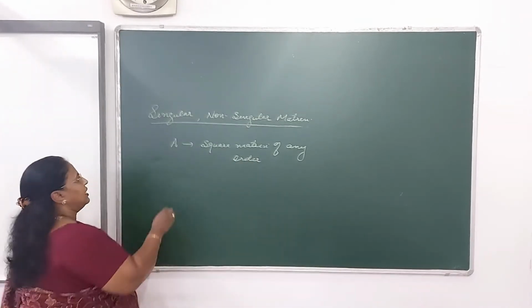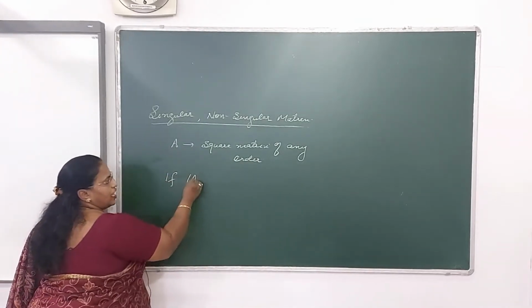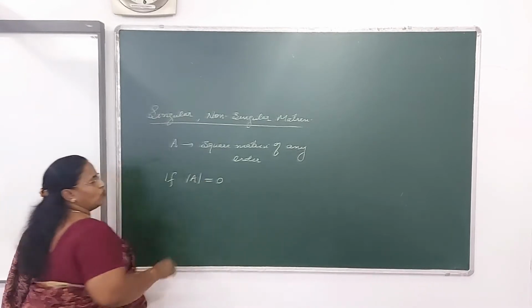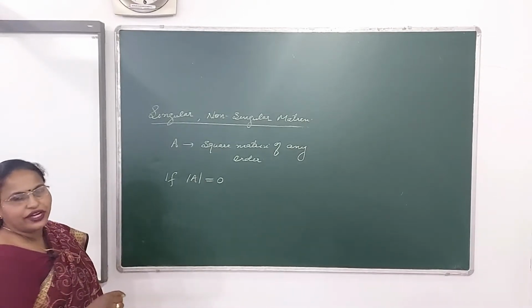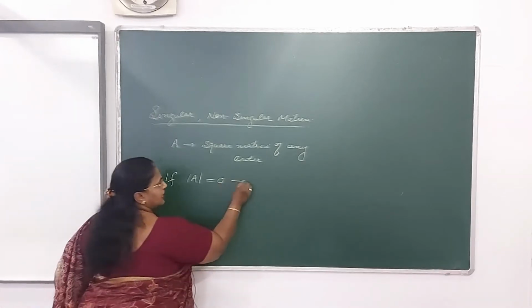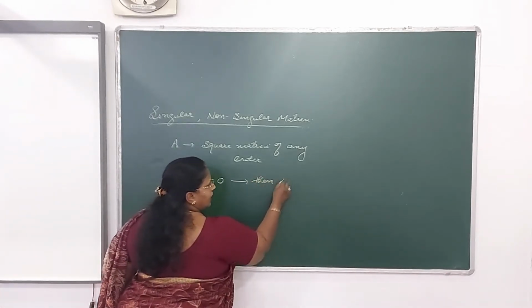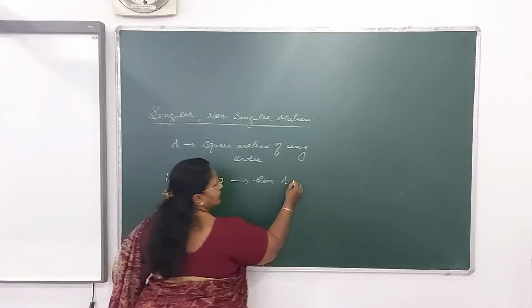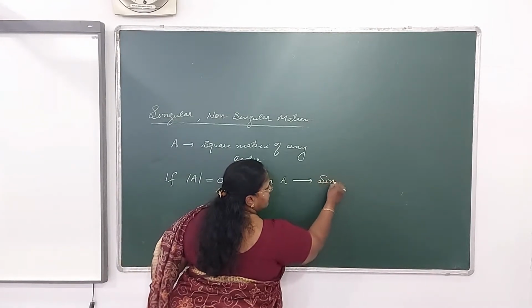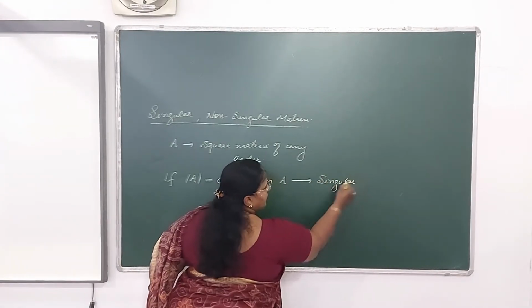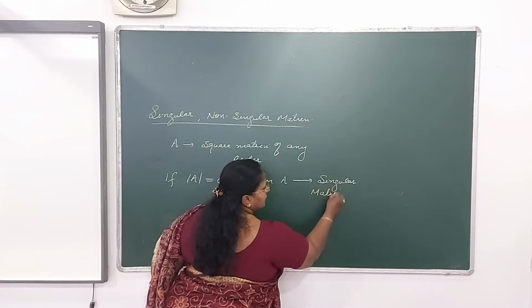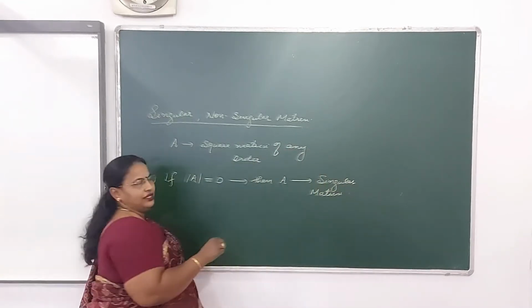If determinant of A is equal to 0, then the matrix A is called a singular matrix. Very important concept. Based on this you will be getting questions.